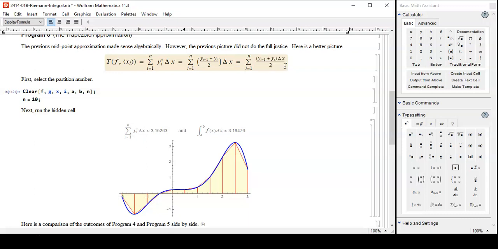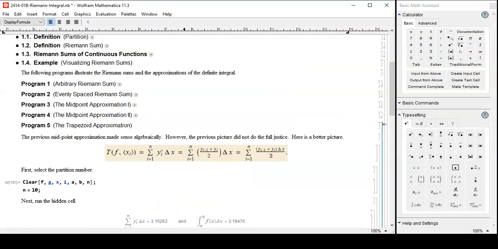With minimal algebraic manipulation, multiply delta x over there, and this is the trapezoid area formula of each trapezoid. So instead of using rectangles, if you join those points and form those trapezoids, and add up the areas of the trapezoids, then it's the same as this Riemann sum.